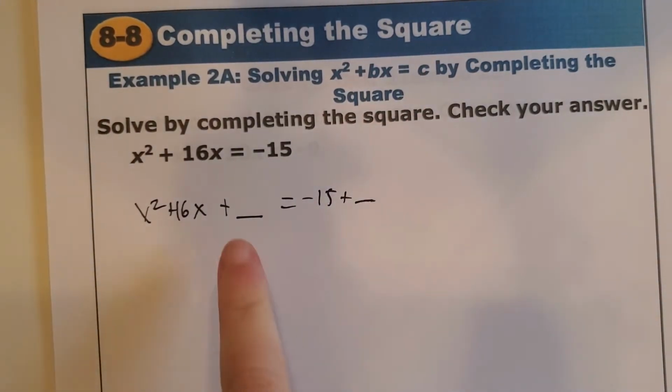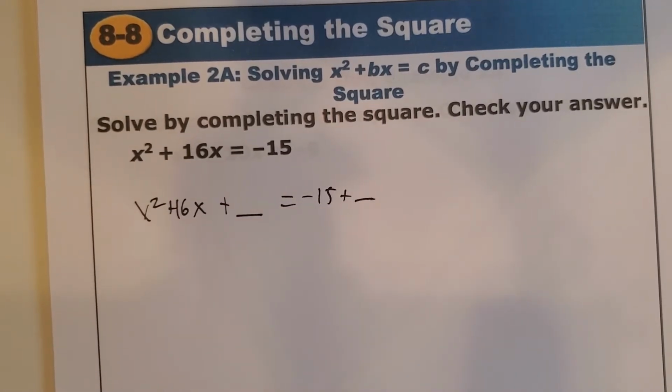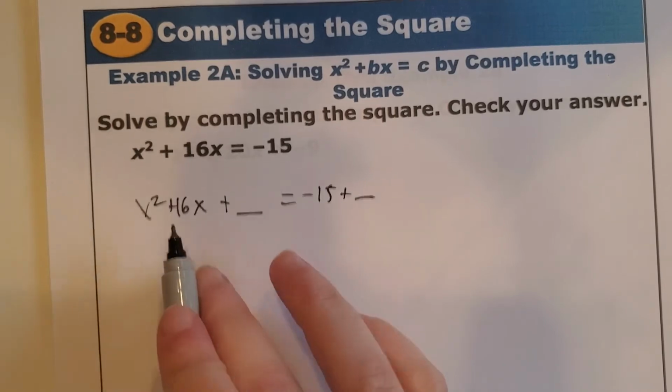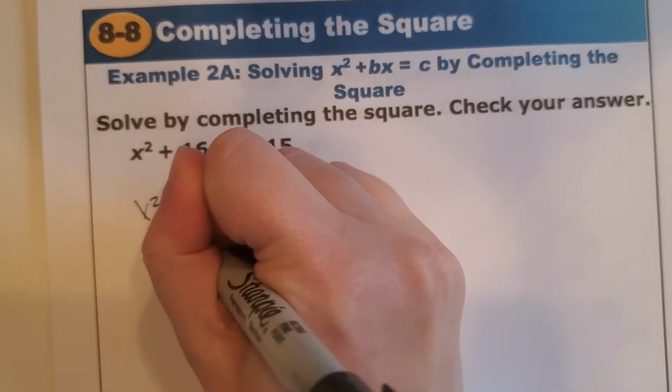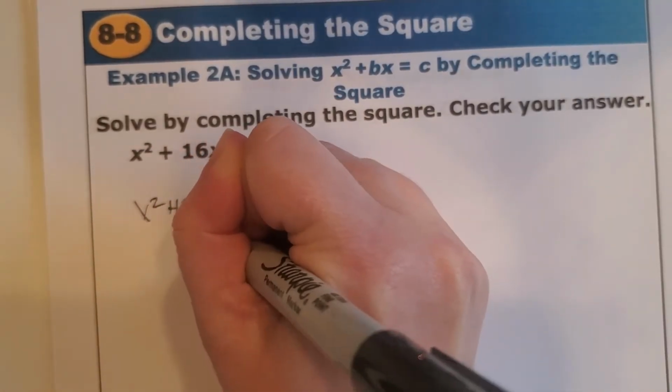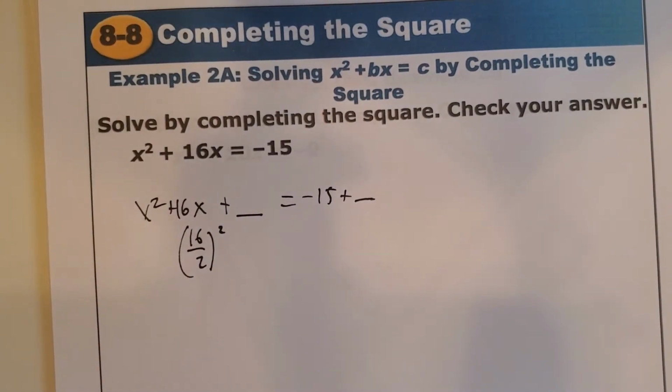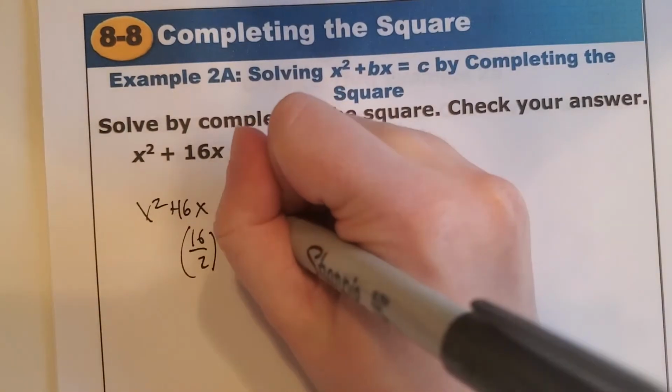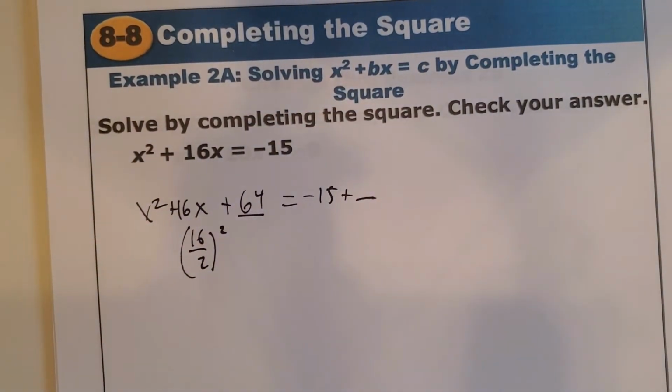Okay? Now, how are we going to fill in this blank? Well, the same process that we did for completing the square in the last few problems. B over 2 squared. 16 over 2 squared. 16 over 2 is 8. 8 squared is 64. So this gets filled in with a positive 64.